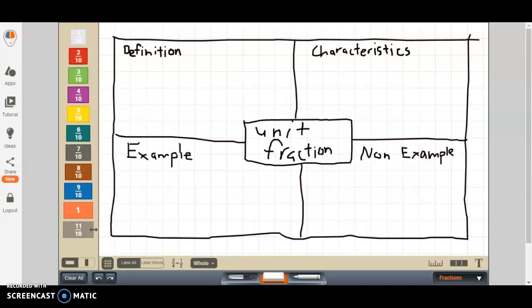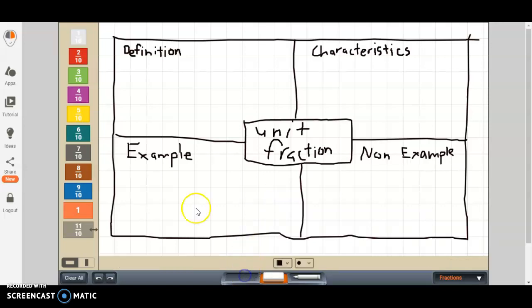Okay, so I used a word, unit fraction, right? And if we think about that, a unit fraction was a smallest piece of our fraction. So can you think of an example that we have seen that would be a unit fraction?